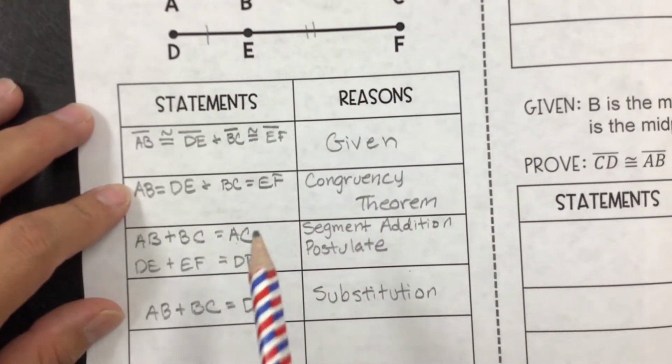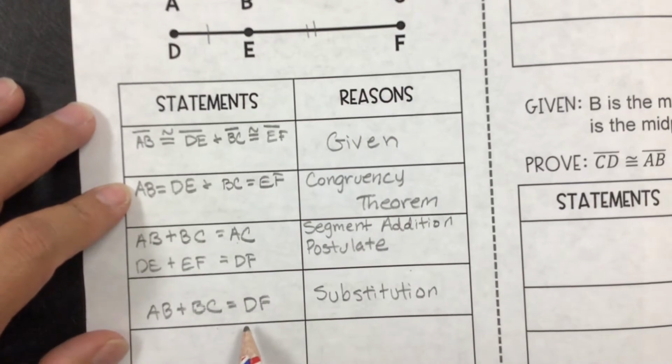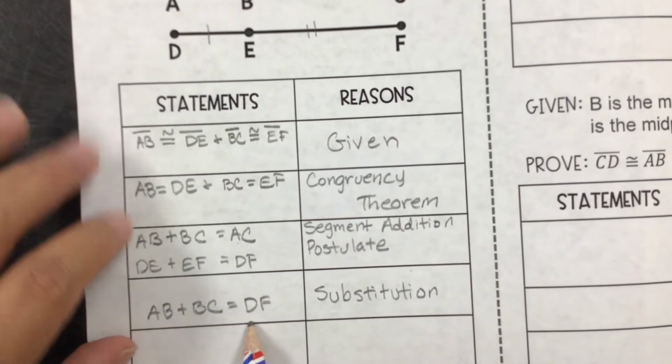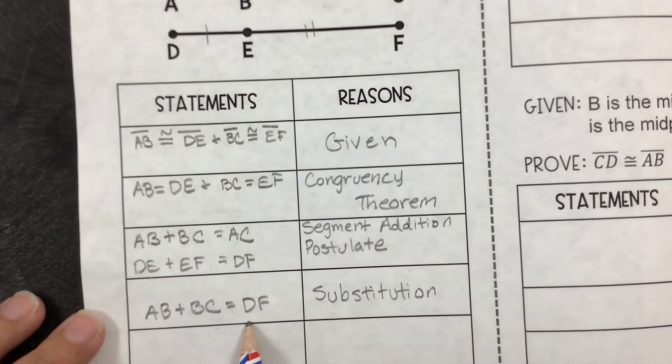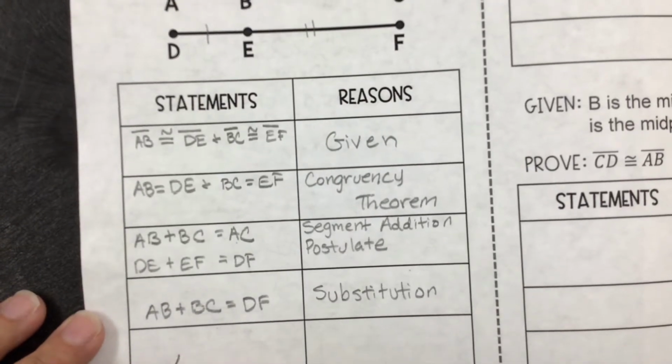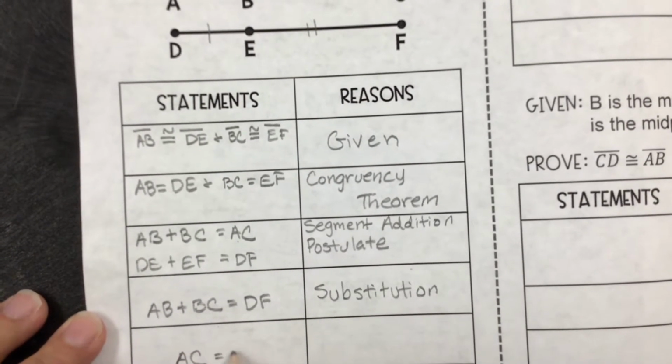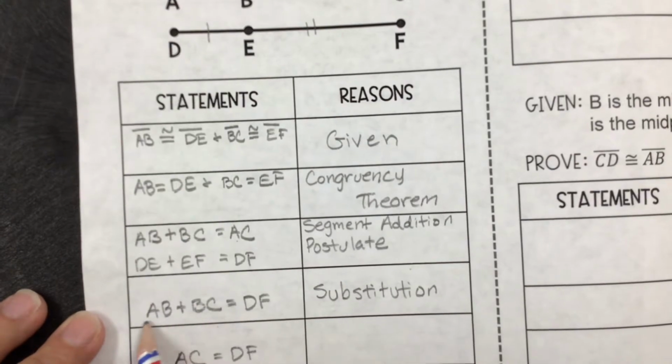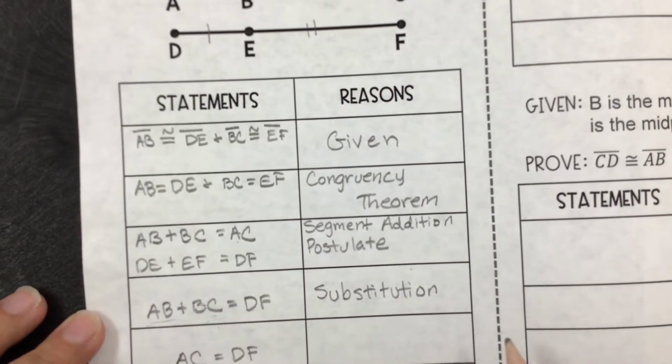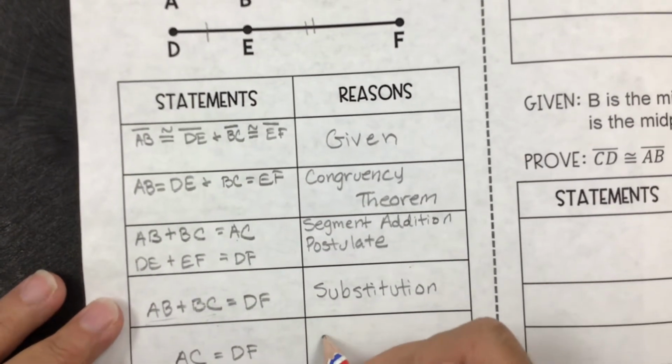Where is that given? Okay, let me keep going. Now I can write that AC is equal to DF, because that's equal to AC. And this is also substitution.